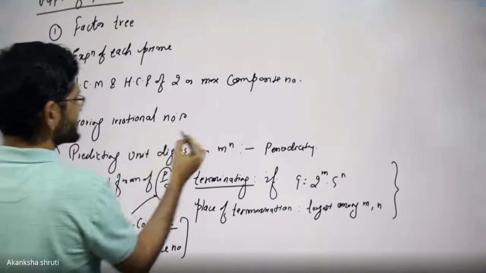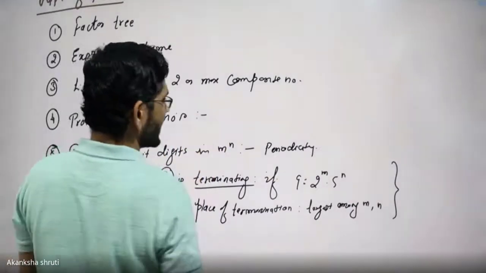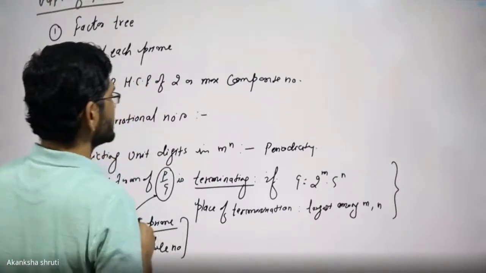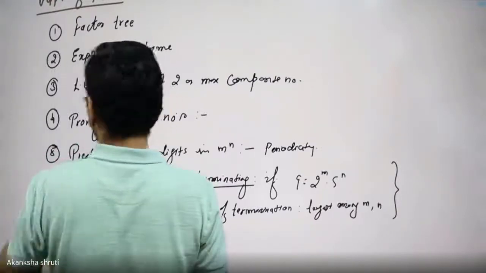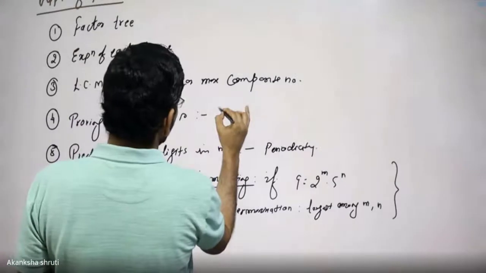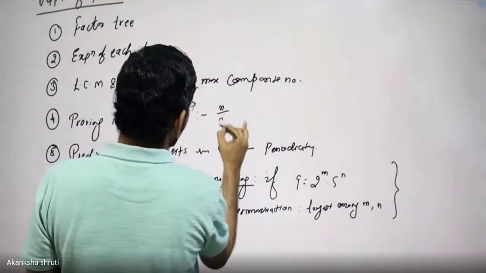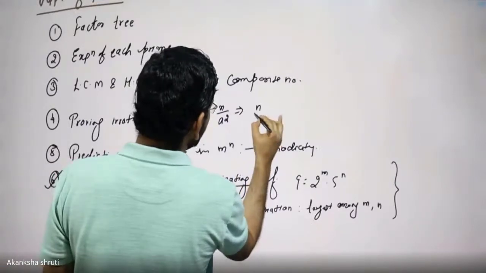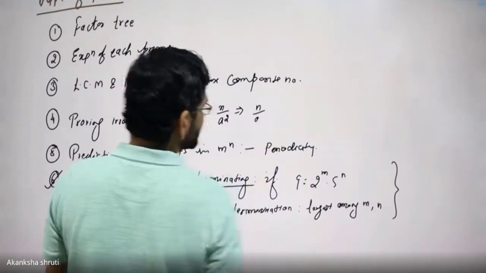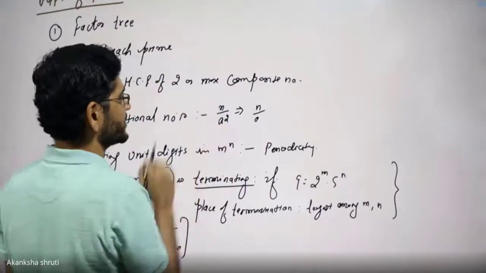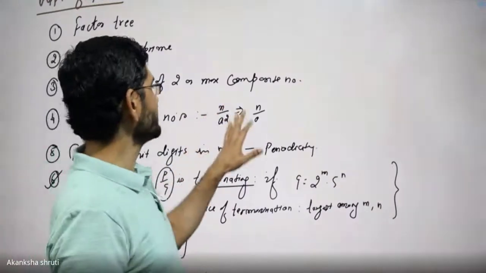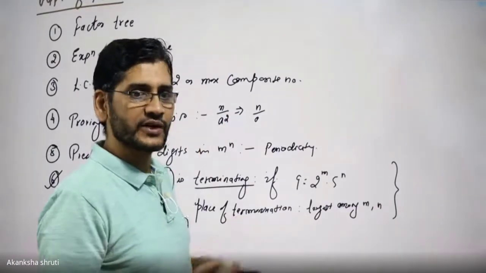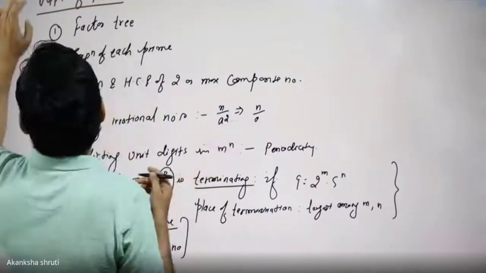Then proving irrational is based on the condition that if a number n is divisible by a squared, then n will also be divisible by a. This is the only condition. It means if any number is divisible by the square of some number, then it will surely be divisible by that number.